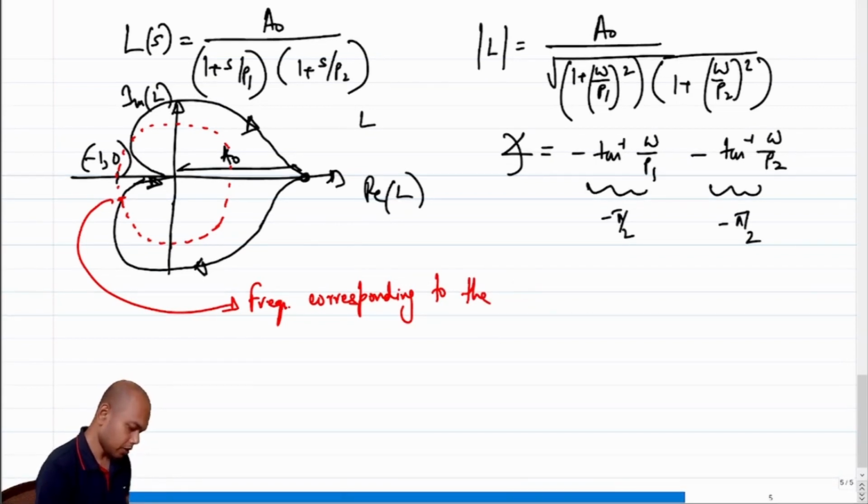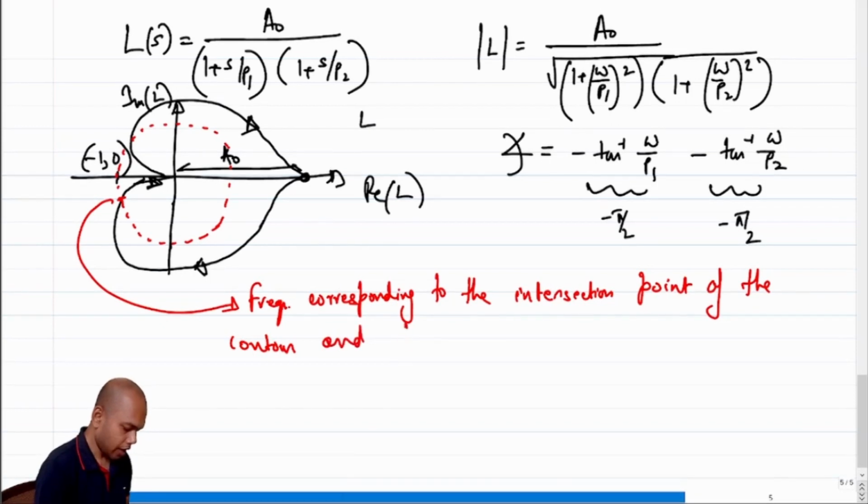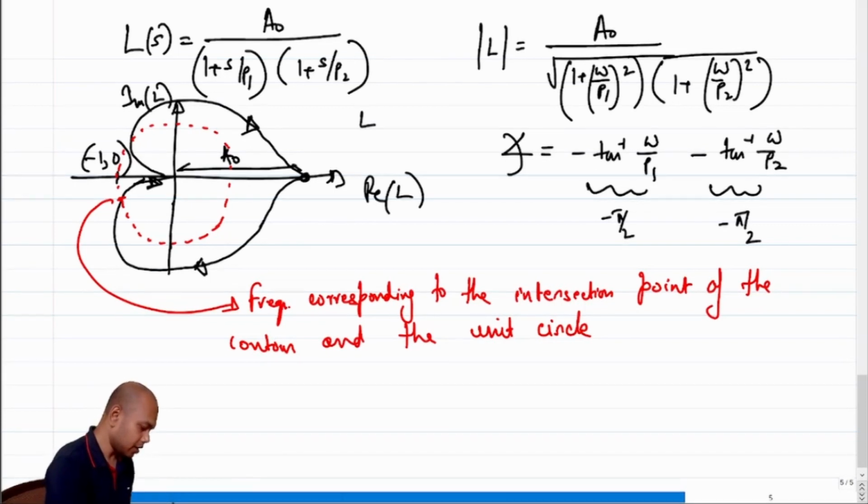The frequency corresponding to the intersection point of the contour and the unit circle, right? So when I say unit circle, what do I mean?